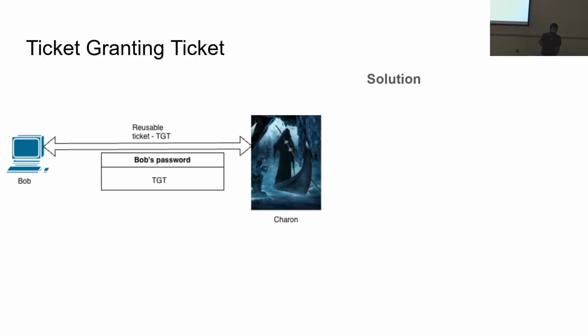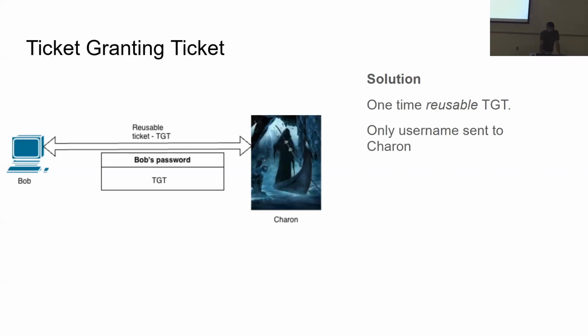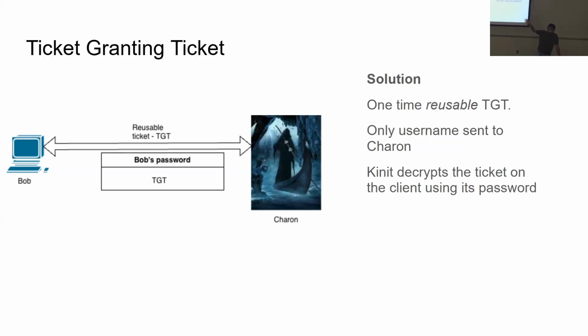If Bob doesn't enter the correct password, or if someone tries to mimic Bob, they'll never be able to extract the TGT because they'll never know the password, right? So yes, with that, there's this program called KNet which runs on every client, which decrypts the ticket using the client password, and so on.